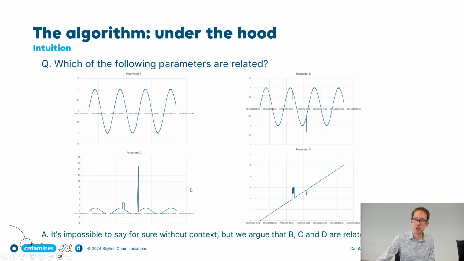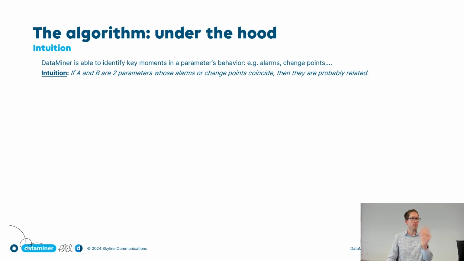The same thing for parameter C. It also has weird behaviors at the same timestamps that the other parameters B and D have weird behaviors. So this is what we're going to focus on to learn relations. We're going to check out when parameters are behaving strangely, and parameters that are behaving strangely are likely to be related. Okay, and this intuition is mentioned here again.